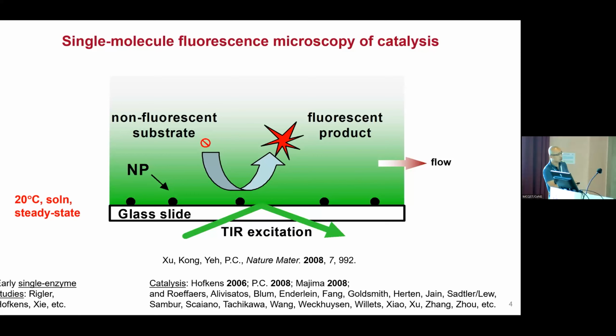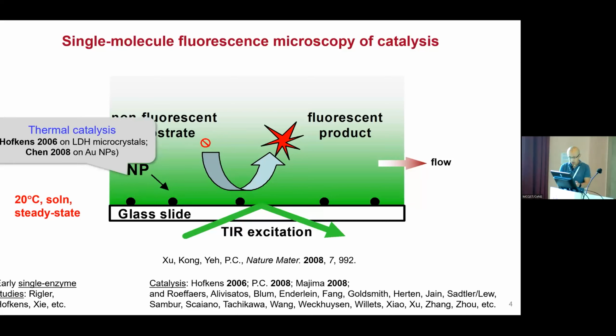Hopkins was actually the first one introducing this to study catalysis on micro-sized crystals of layered double hydroxides. And then we were the first to look at catalysis on individual nanoparticles. And then Majima did it on photocatalysis of semiconductor nanostructures.